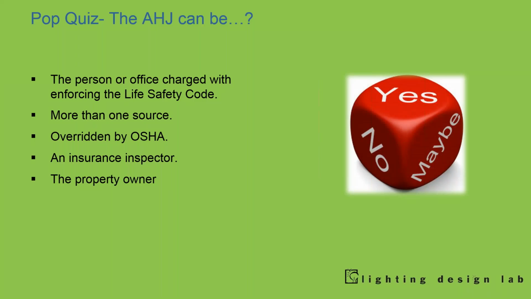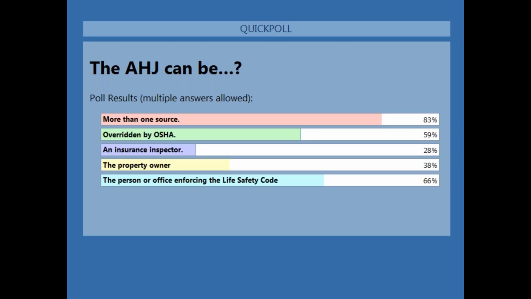All right, pretty solid spread. 83% call out more than one source, about 60% call out that they can be overridden by OSHA, 28% an insurance inspector, 38% selected the property owner, and 66% selected the person or office enforcing the life safety code. Thanks, Armando.